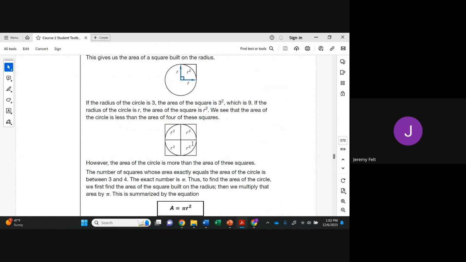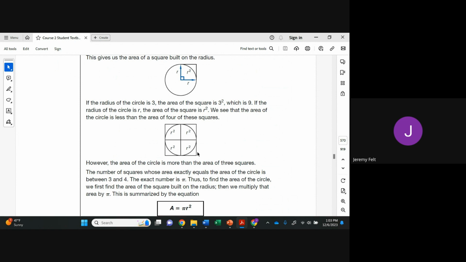If we're looking at a circle, we know we have a radius and a radius. If we were to create 4 congruent squares that enclosed our circle, it would be diameter times diameter. That would be a little bit more because we would have these corners that would be left out.